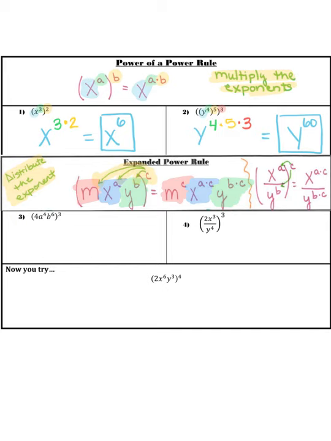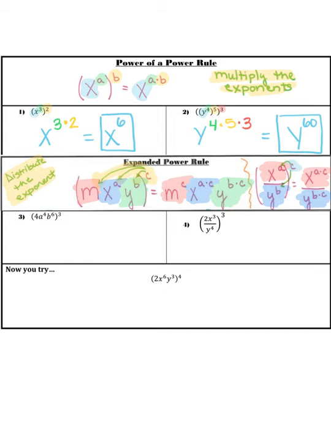So to recap, the power of c is in each part because we're distributing. And that rule can apply to fractions as well. Notice on the right-hand side, the power of c got distributed to the top portion of the fraction, and it got distributed to the bottom portion of the fraction.